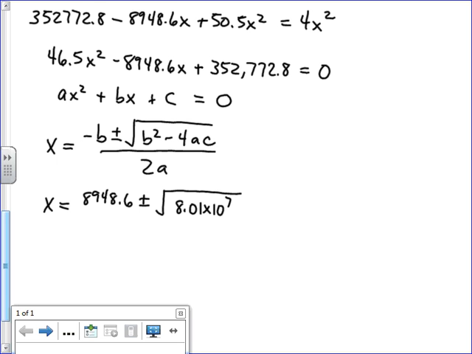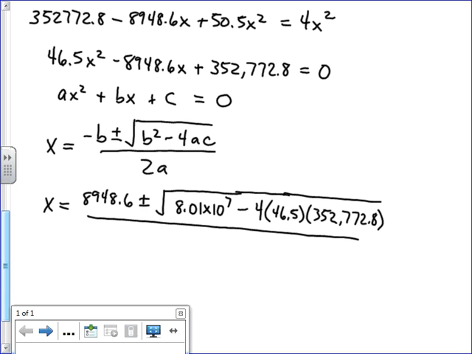Okay, so that's the b squared part, minus 4 times a times c. A is 46.5, and C is 352,772.8. Didn't make my square root quite long enough. And then we divide all of that by 2 times 46.5.